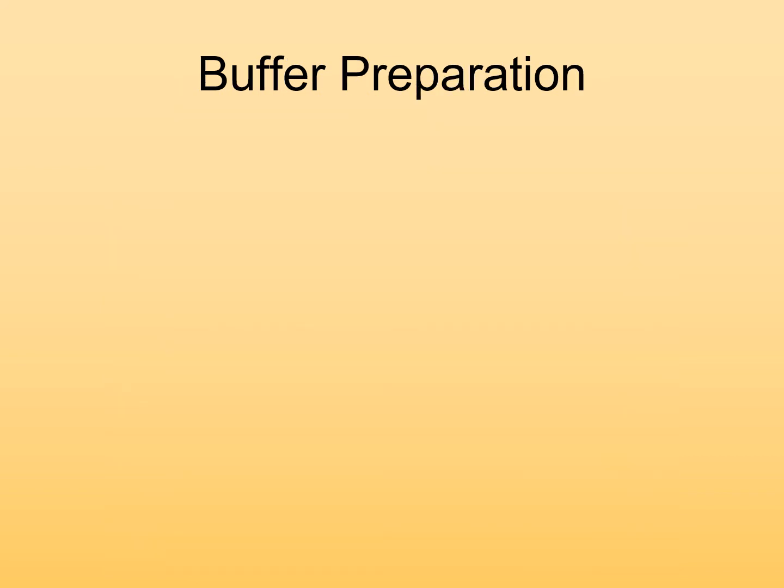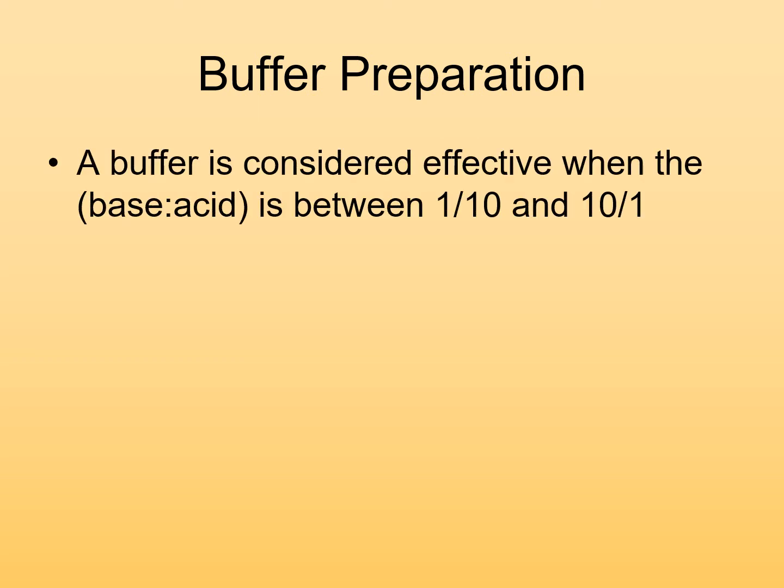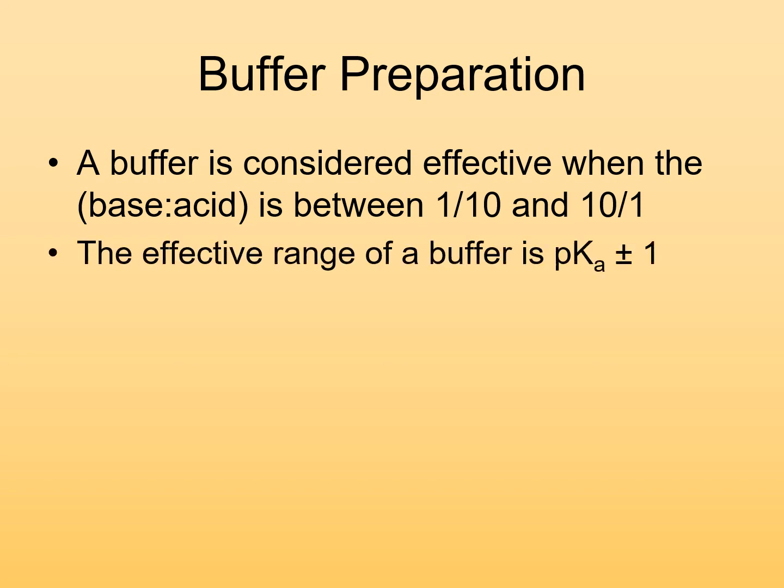Let's look at how you're going to prepare a buffer solution. This we'll do in a lab situation pending our return to school. So buffer, we said, is considered effective when the base to acid ratio is between 1/10 and 10. And the effective range of a buffer is going to be the pKa plus or minus 1.